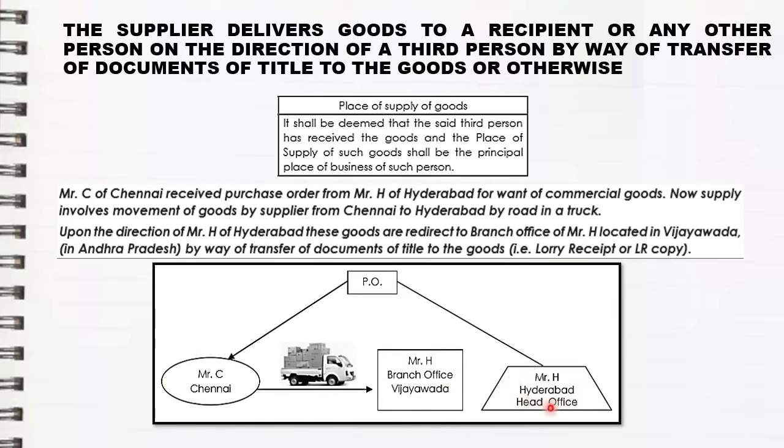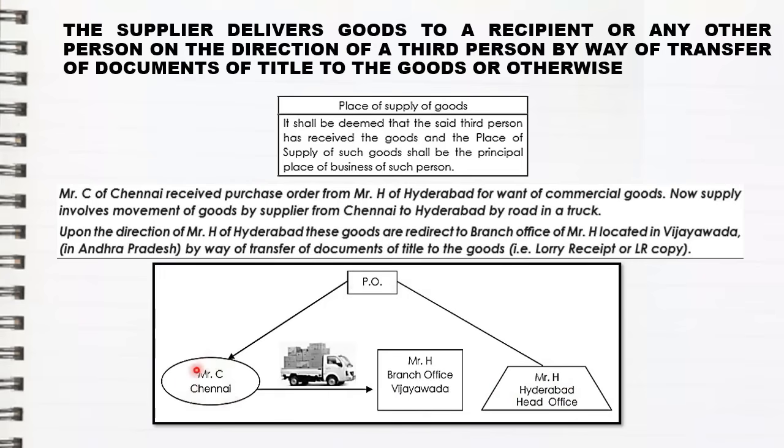who made the order. So in that case, according to the rule of third person, the place of supply will be that place where the third person is residing. So here there are three places involved: Chennai, Vijayawada, and Hyderabad. Hyderabad is the place from where the purchase order was made.